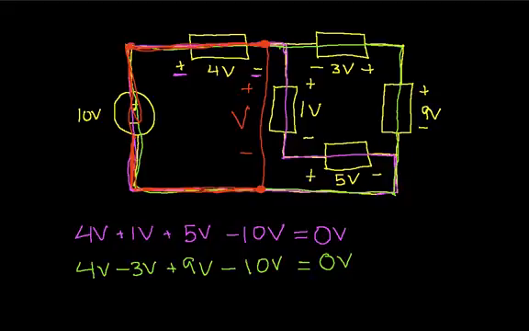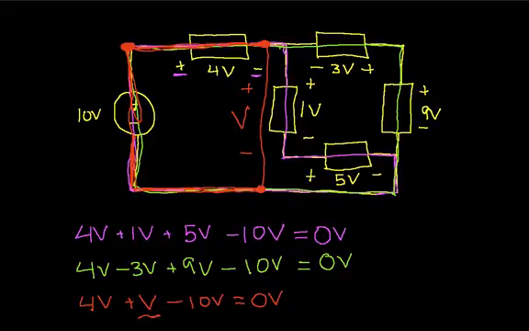Let's apply Kirchhoff's voltage law and see what happens. Again, I start up in this corner. I go over the 4 volt element from positive to minus. I now go over the unknown voltage V from positive to negative. I hit the source going from negative to positive, and since I've gone through a closed loop, that's going to be equal to 0 volts.